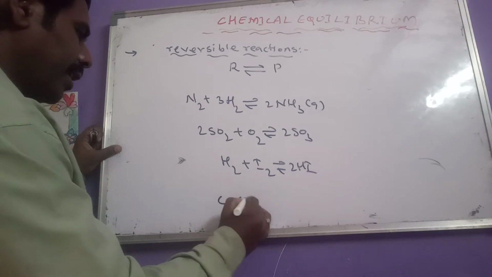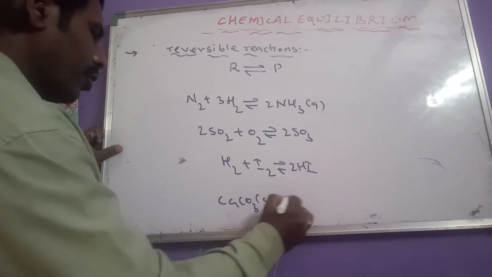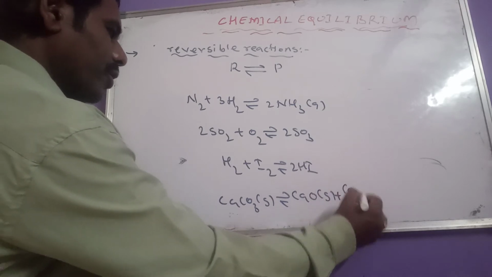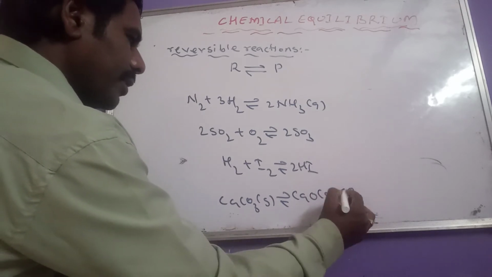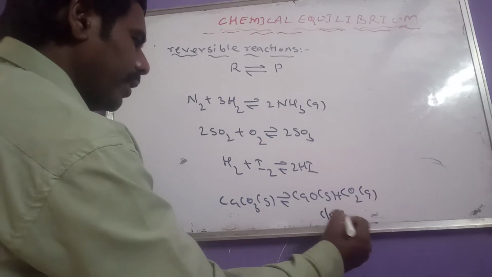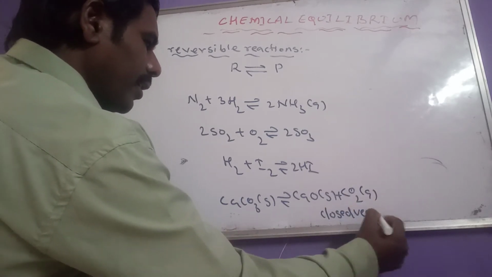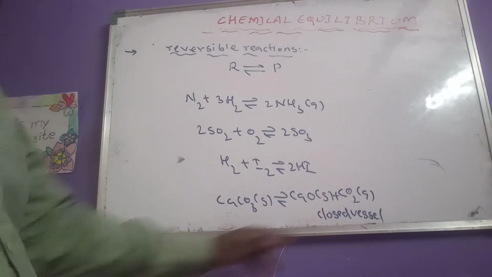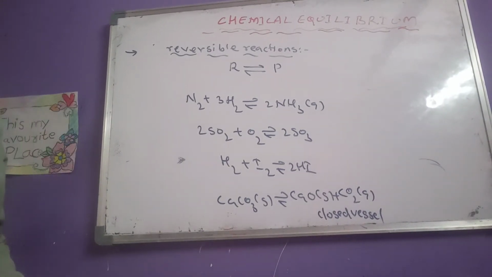And decomposition of limestone, CaCO3, gives CaO solid plus CO2 gas. But one condition should be there: a closed vessel. This reaction is reversible only in a closed vessel. Why?